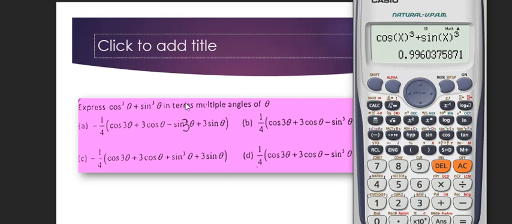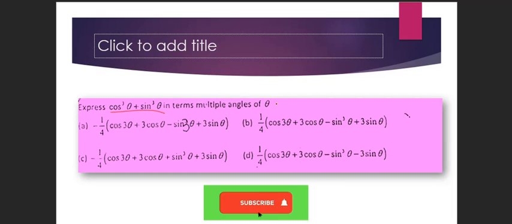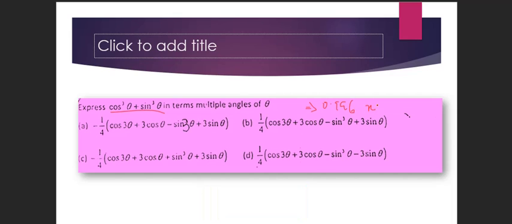So we have this entire answer to be 0.996 when x is 3. We know that x is our theta. Now let's find out which one of these will give us our answer.